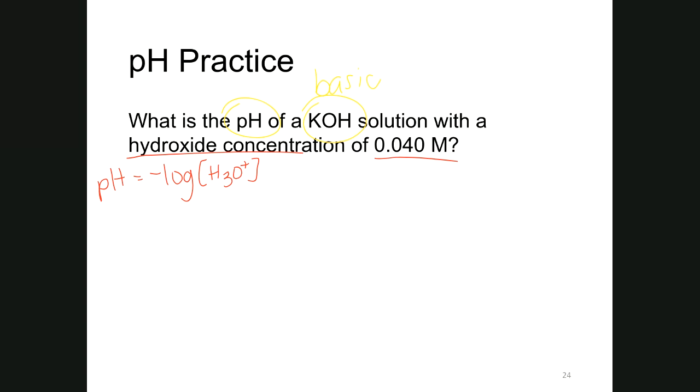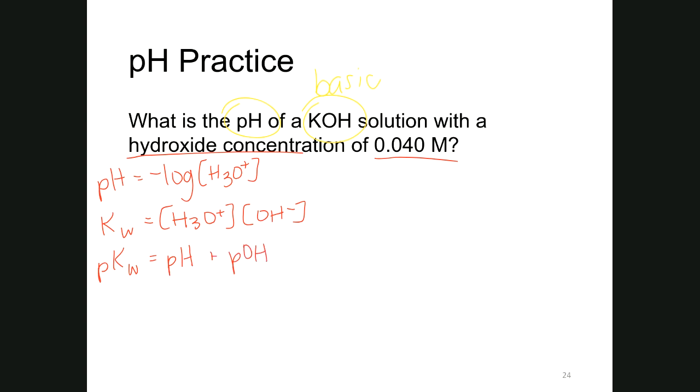So what I'm going to show you here is that we can rewrite Kw. So we said that Kw is equal to hydronium times hydroxide. Well, we rewrite this equation by turning everything into a P function. So we can change this to pKw equals pH plus pOH.